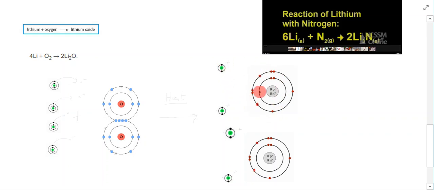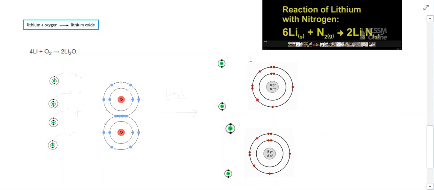But because it has picked up 2 more electrons from the lithiums, it becomes negatively charged. It has a negative 2 charge. So it's going to be negatively charged.